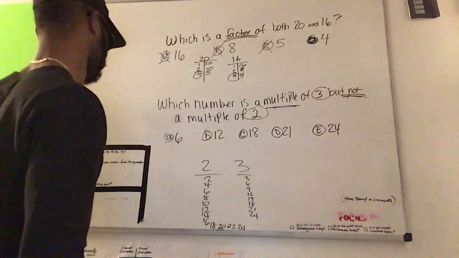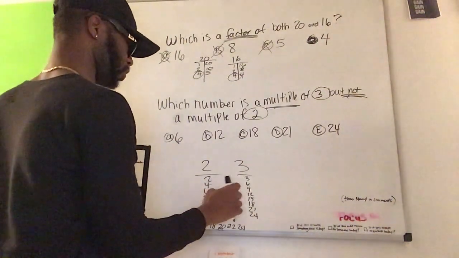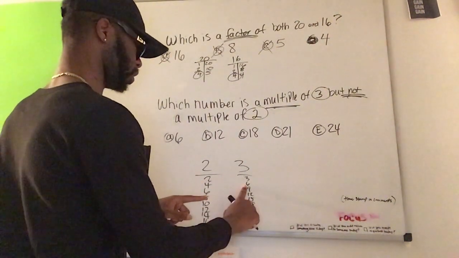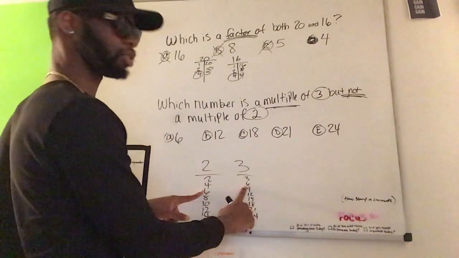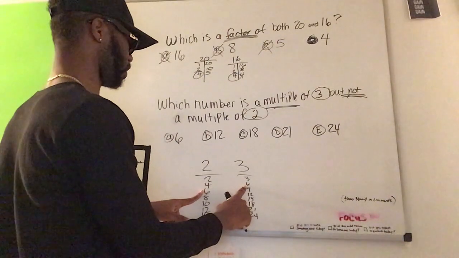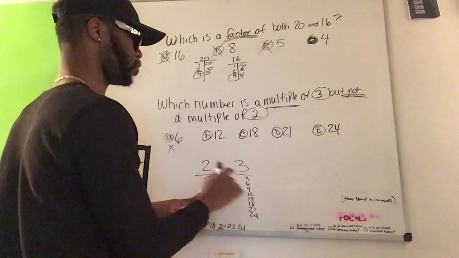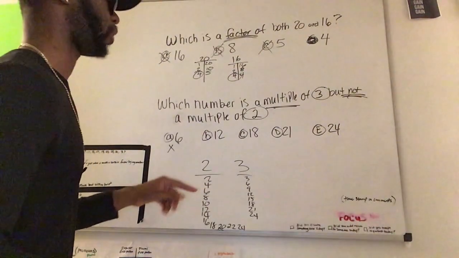Let me see how that makes sense. 6 is a multiple of 3, but it's also a multiple of 2, so that's not what they're looking for. It's not 6 because it's a multiple of both 2 and 3. They want a multiple of 3.